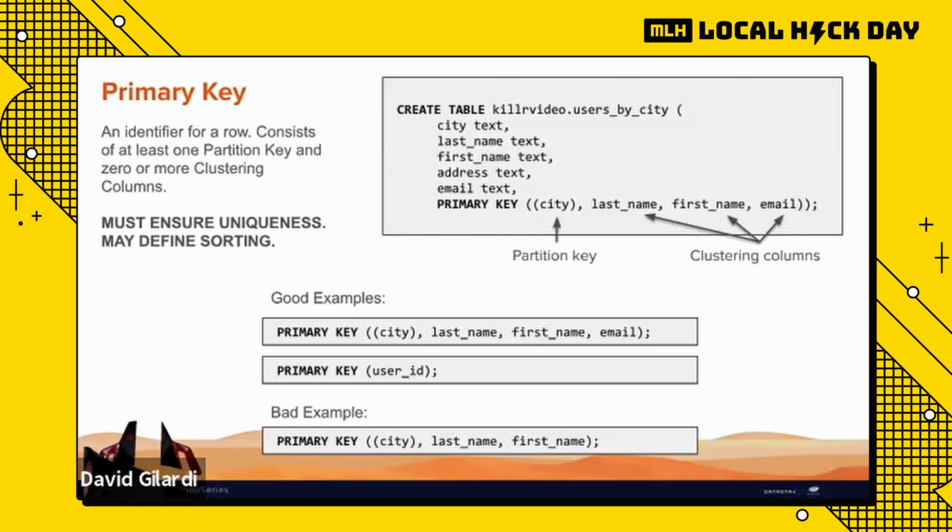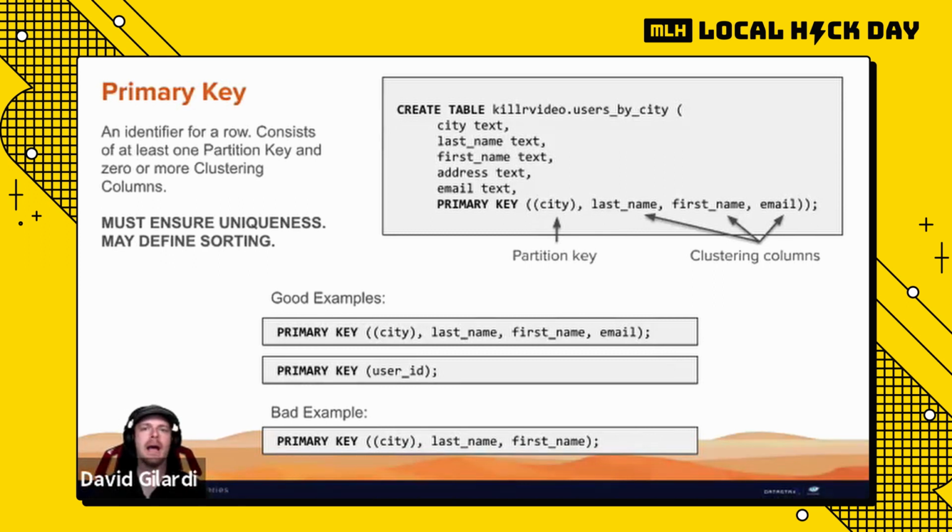Let's see. Kevin has a neat question here. Let's say we use the first example and we're creating a new user and someone enters the same email and the same name twice. Do we lose the first one? Absolutely. If it is identical, yes, it'll do what's called an upsert, right? And that last write will win. So if you're concerned about that in your particular data model, I would suggest adding another piece that will ensure uniqueness.